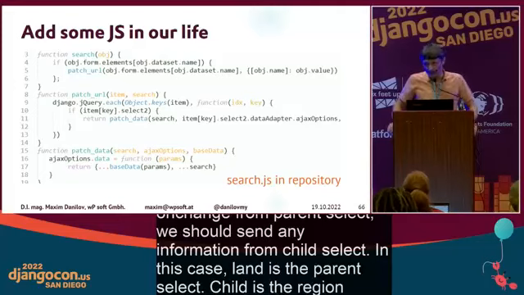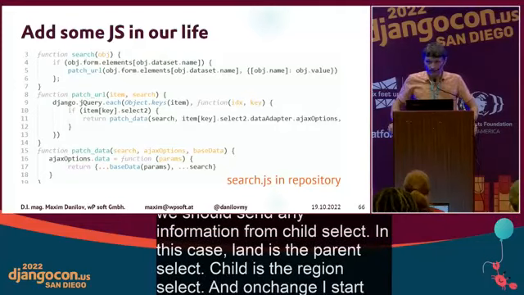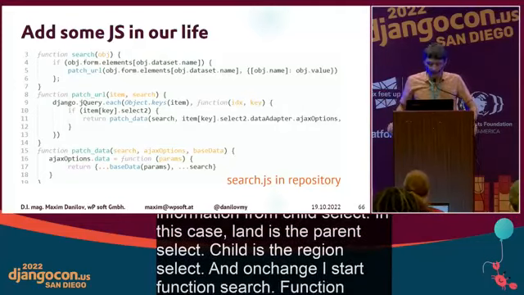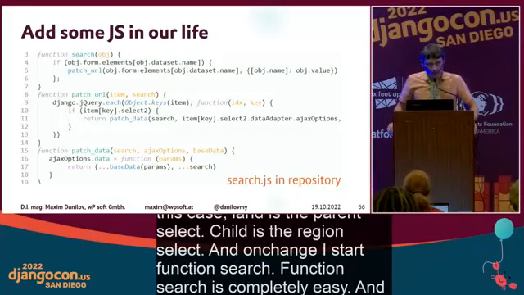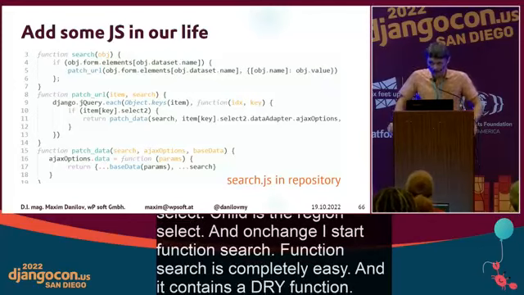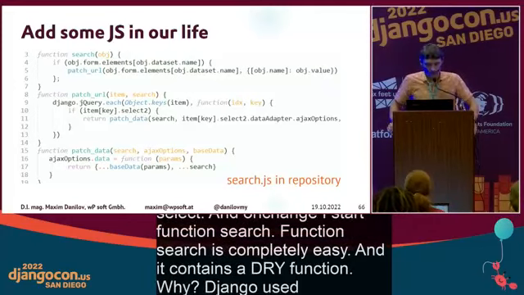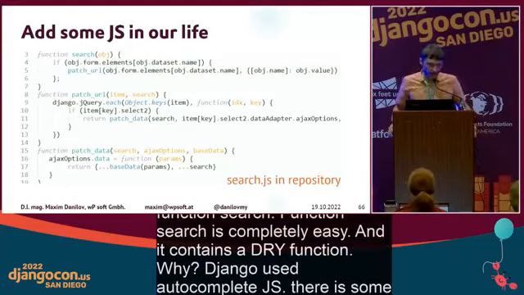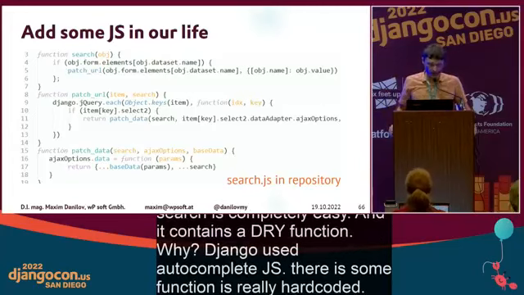Function search is completely easy, and it contains a try function. Why? Django uses autocomplete JS, and there is some hard-coded function. We cannot change or add any parameter in the search string.